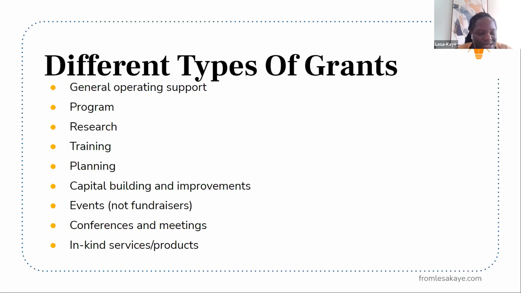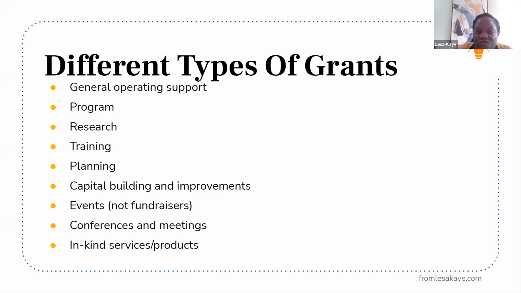There are not too many general operating grants out there in the world. They are like the diamonds of grants, if you will. So when you find one, it's great. When you get one, it's also great, because lots of foundations typically don't give out general operating support grants.